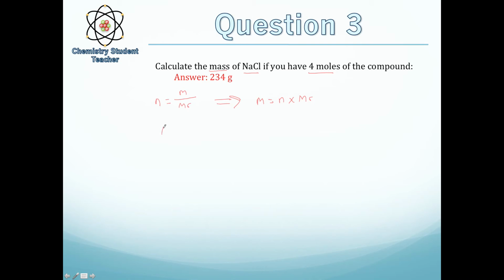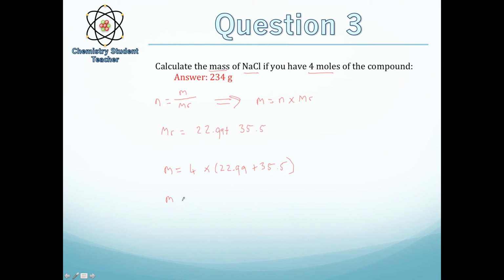So now if we calculate the Mr, we have sodium again, which is 22.99, and chlorine, which is approximately 35.5. So we put that into the equation, so we have mass equals number of moles, which is 4, times 22.99 plus 35.5, and don't forget the brackets.